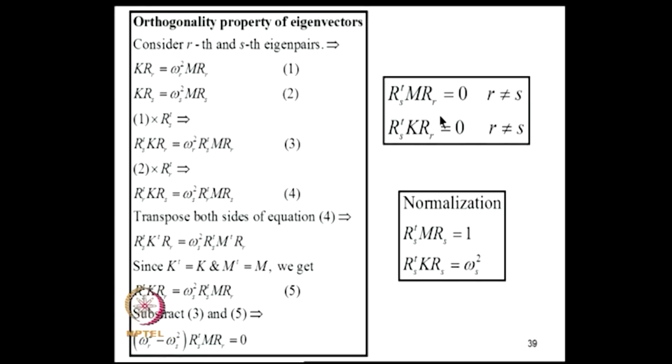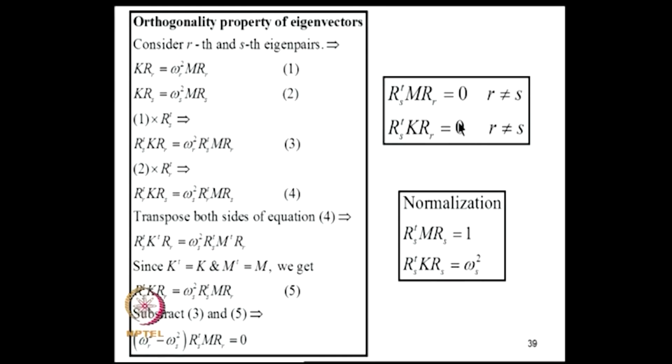These are very evident if omega r is not equal to omega s, but even if there are repeated roots, omega r equal to omega s, we still insist that the eigenvectors be selected to satisfy these requirements, which is possible. Now, the eigenvectors are not unique; a constant multiple of an eigenvector is also a valid eigenvector.